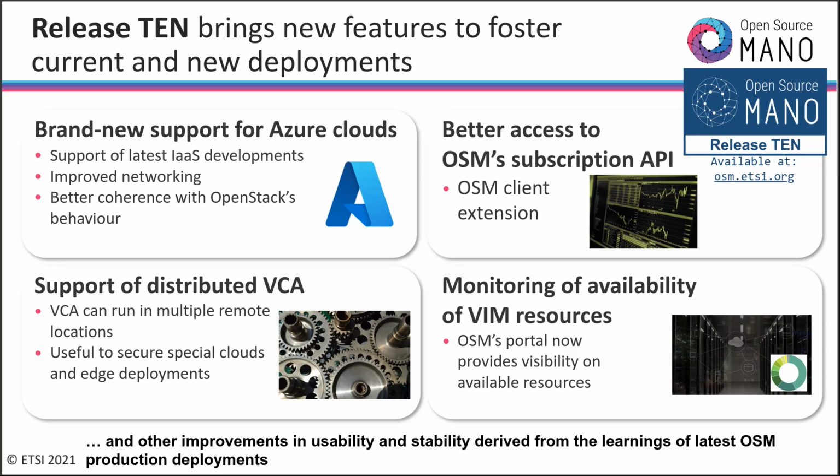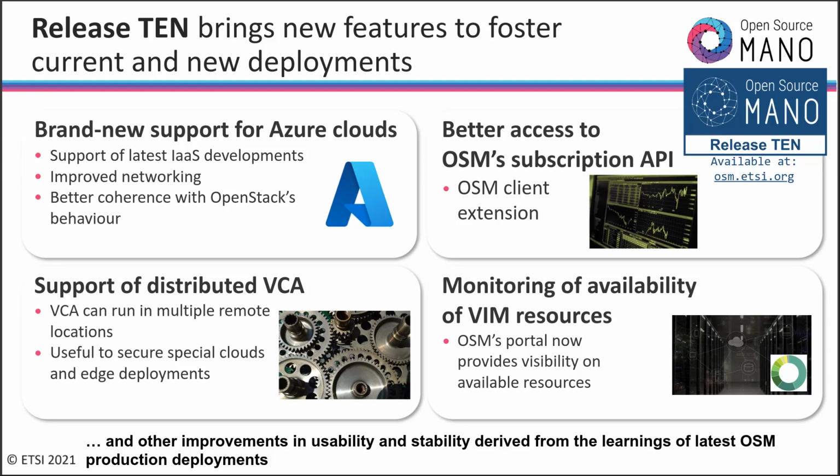In particular, we can deploy pieces of OSM remotely as well, so they can assist in the configuration of the network functions on site, minimizing the surface that is exposed, which in some contexts is quite good for going through some of the regulatory constraints.